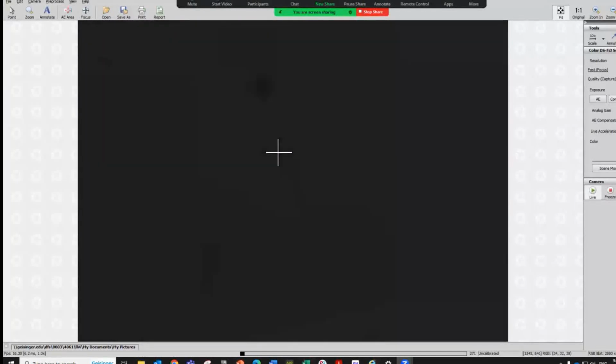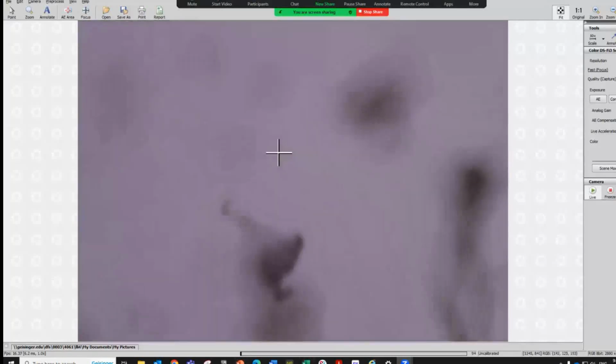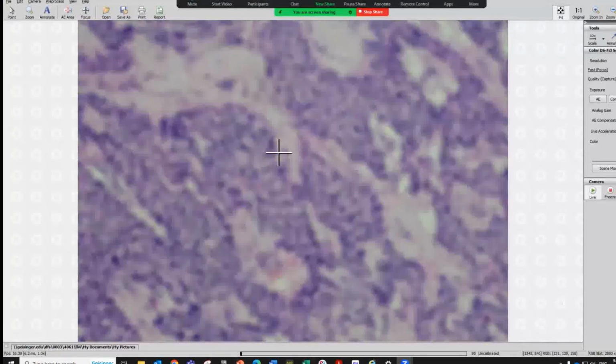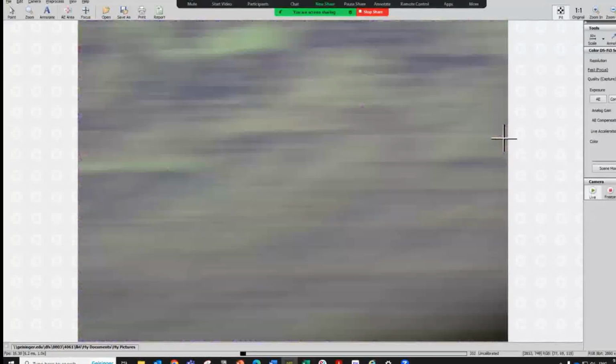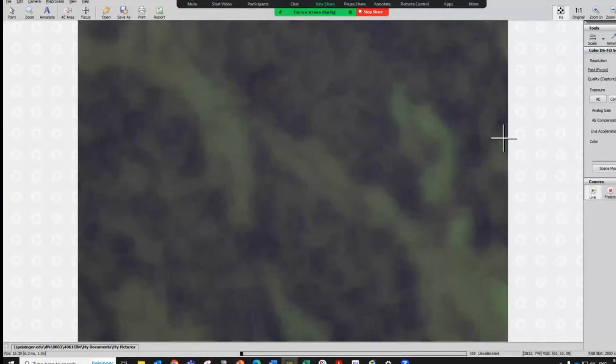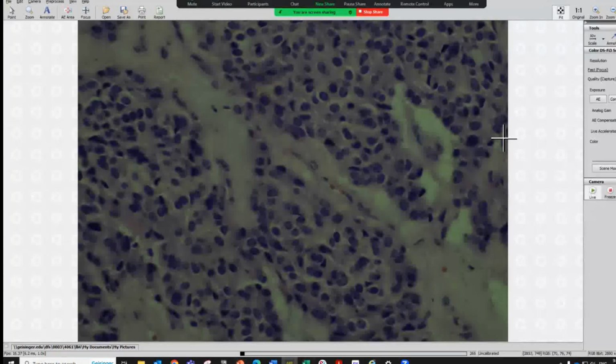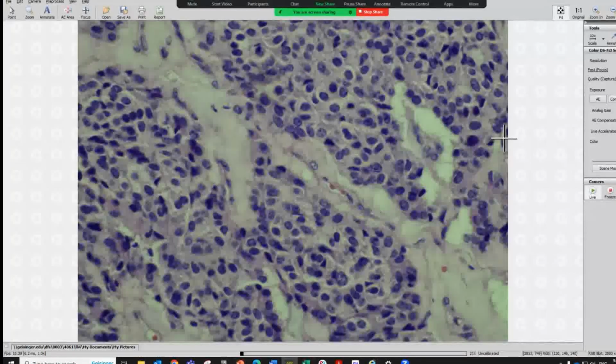Let's go to really high power. This is 40x. Here we can see each cell is round, maybe a little oval, but they respect each other.